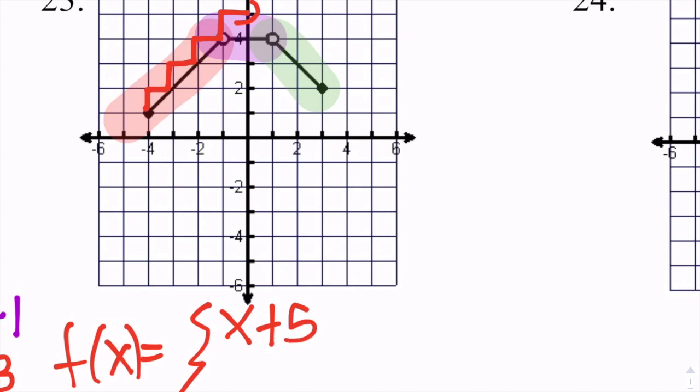And so then we go from x is -4 to x is -1 with a closed circle at -4 and an open circle at -1.